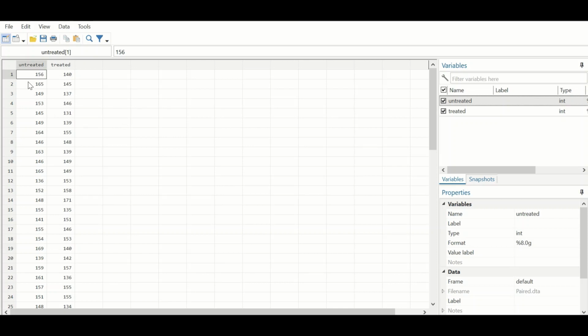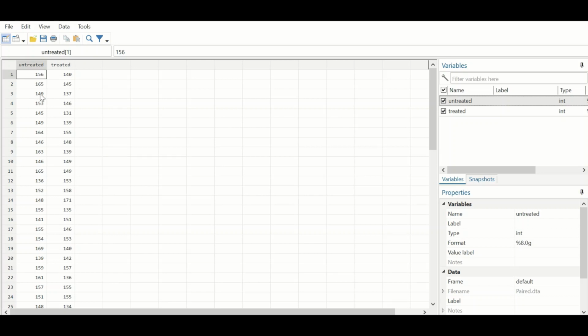The first condition is when there was no treatment, and the second is when the treatment had been administered. The data come from a research study trying to examine whether a novel drug has an effect on lowering the systolic blood pressure.